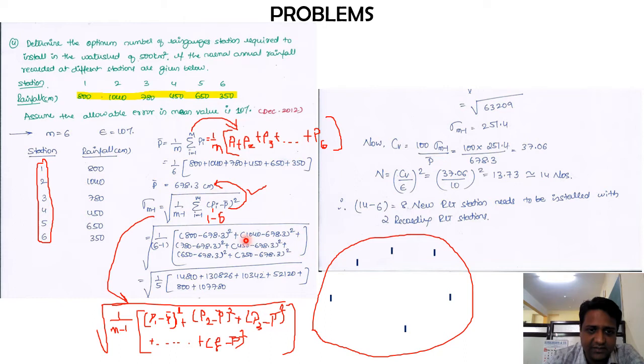Similarly I have 1040, the value of p2, and 678.3, the p bar value raised to 2. Similarly 780 is the p3 value, 450 is the p4 value, 650 is the p5 value, and ultimately 350 is the p6 value.